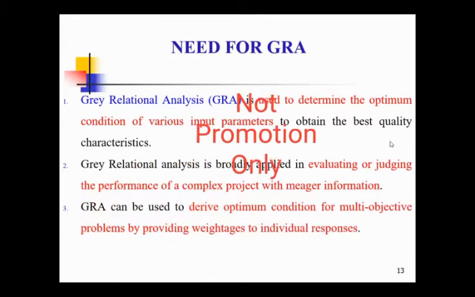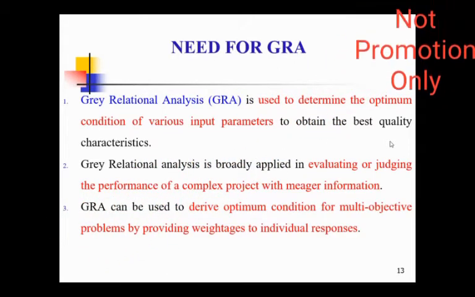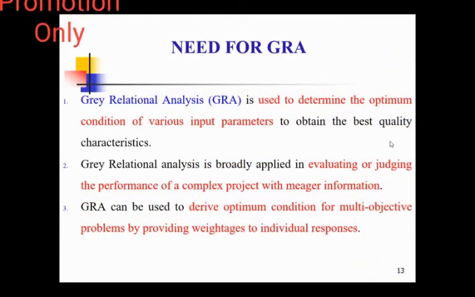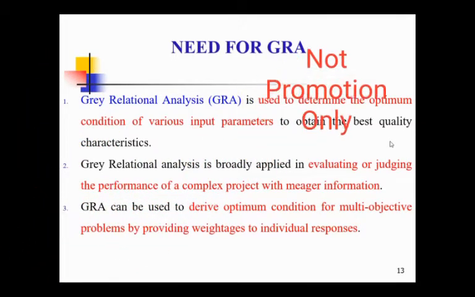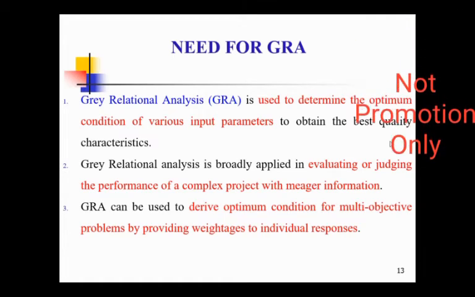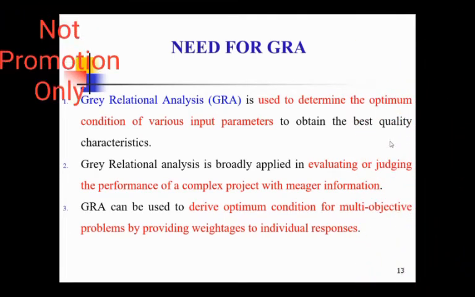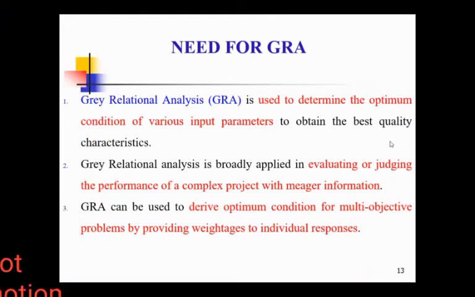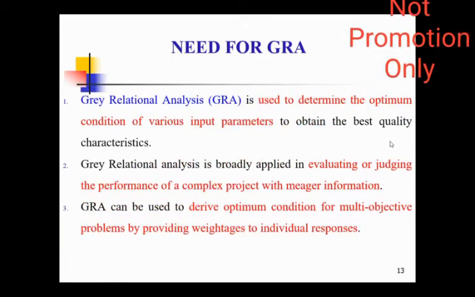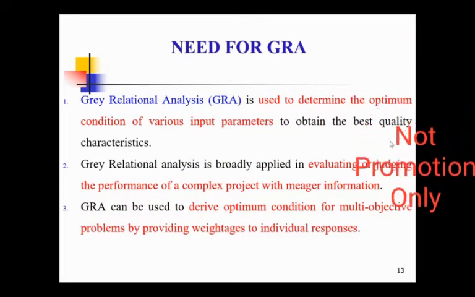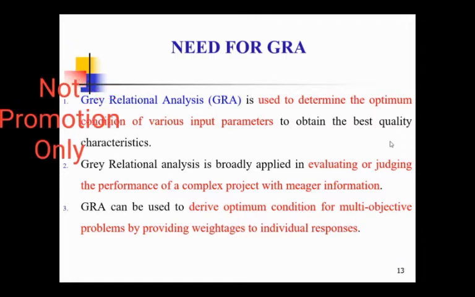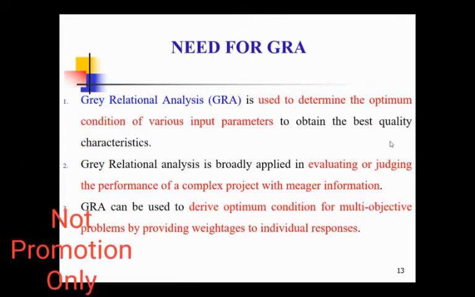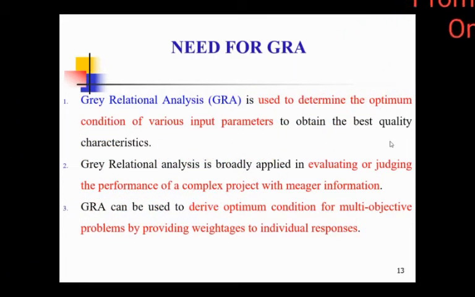So apart from the optimization techniques, this grey relational analysis is specifically important, and it is effective in deriving the optimum conditions or the ideal conditions when we are going to consider more than one output quality characteristic.